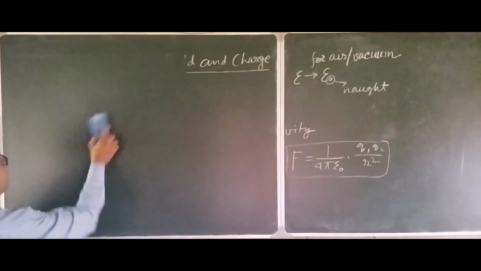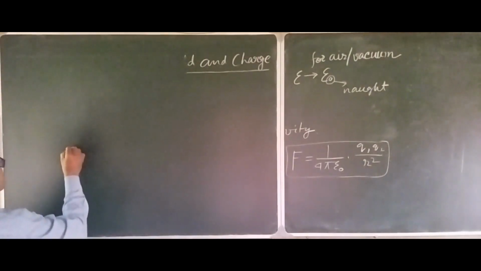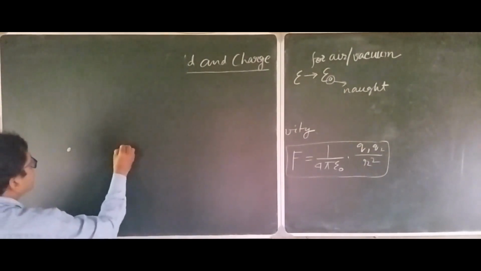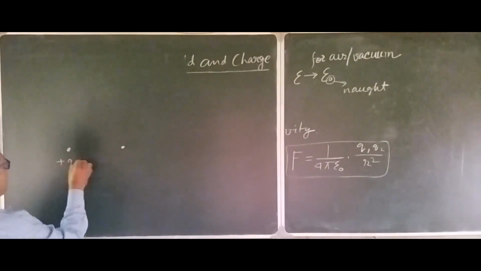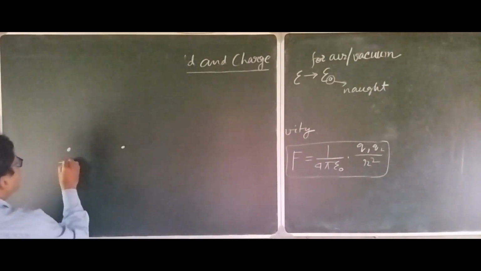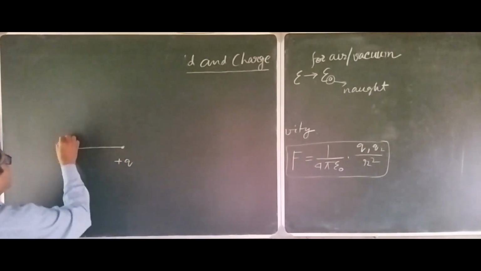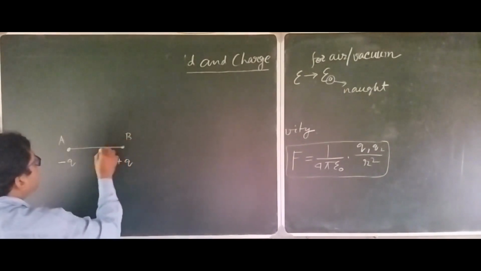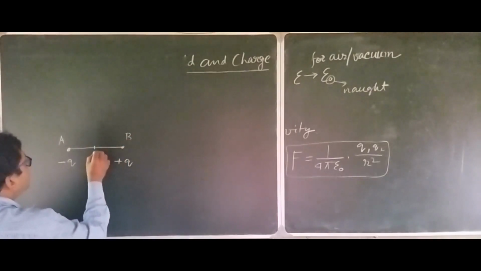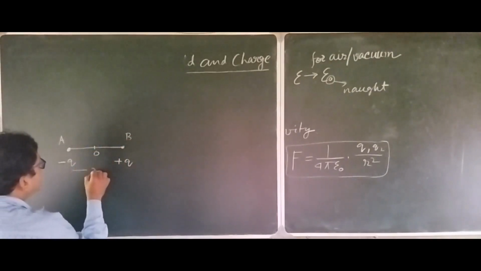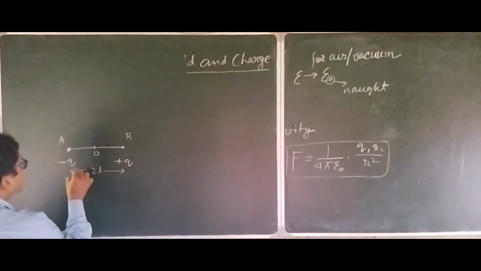Let's draw a bigger diagram. Here it is minus q and here it is plus q, at A and B. The midpoint of this dipole is O. The length of the dipole is 2L.